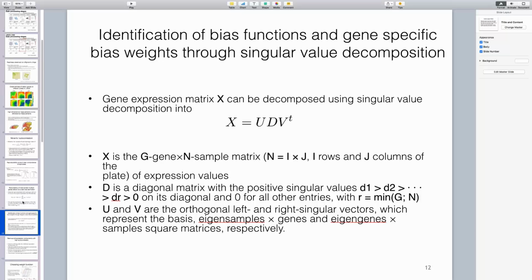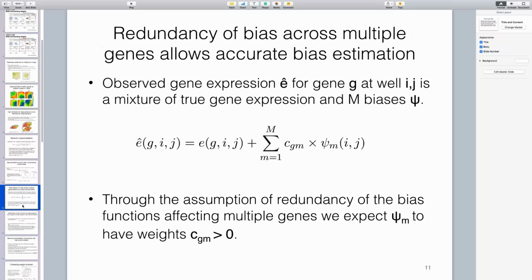First, D gives us the variance that's captured by the principal components. We get the eigensamples times genes and the eigengenes by samples for U and V.